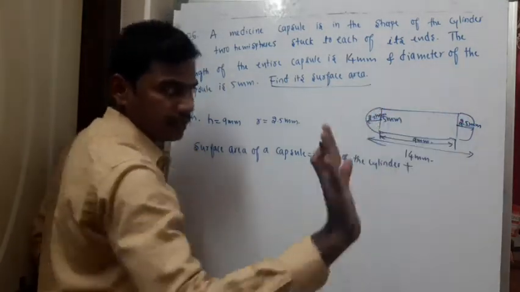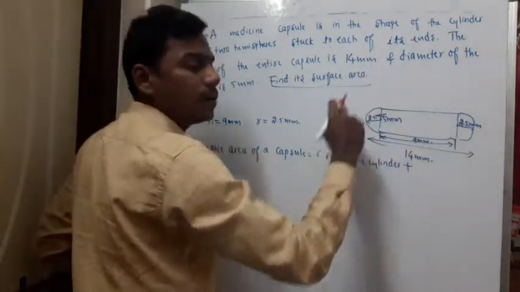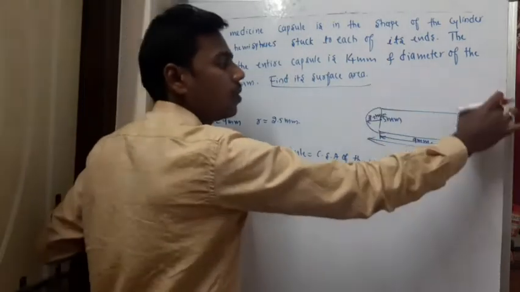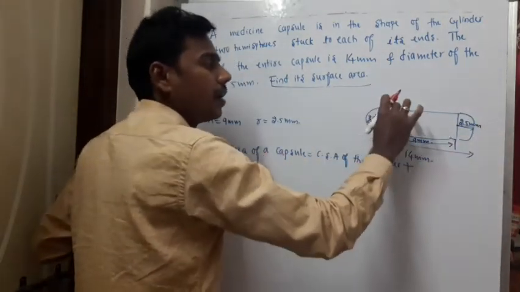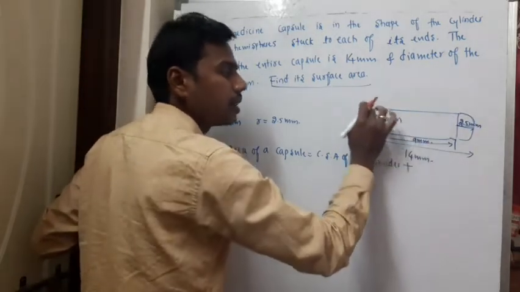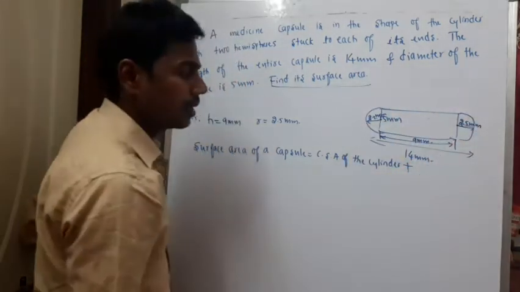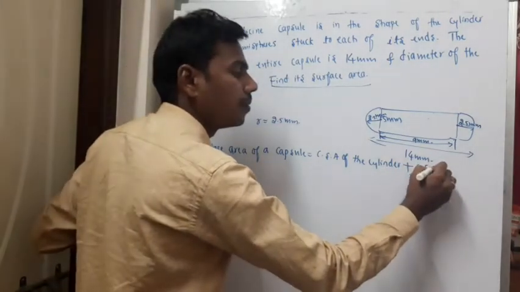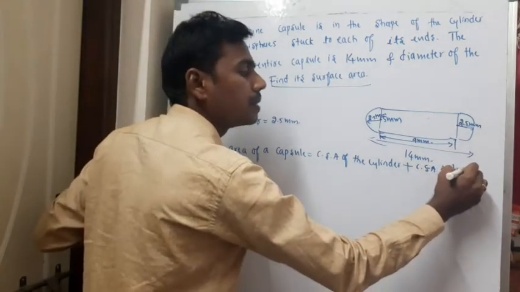I don't want the inner surface area, I want only the outer surface area, the total surface area. In that, it involves the curved surface area of a cylinder and the curved surface area of a hemisphere.